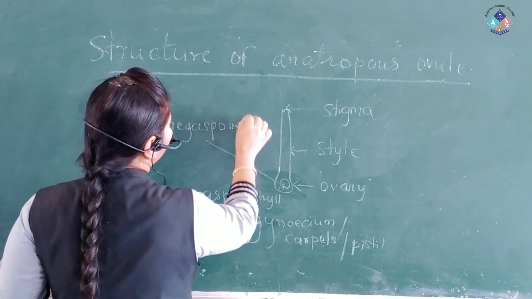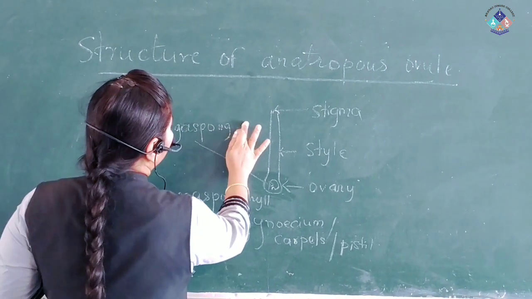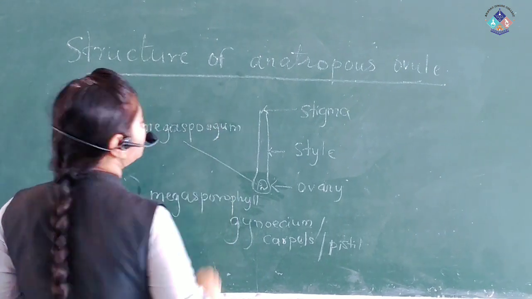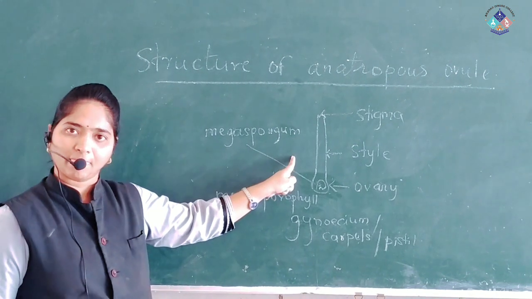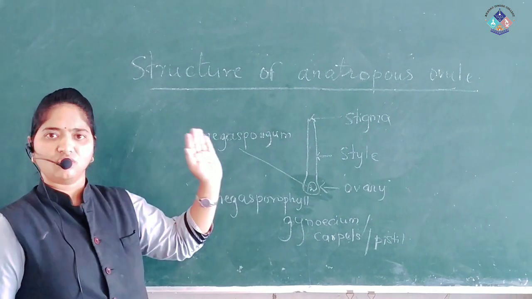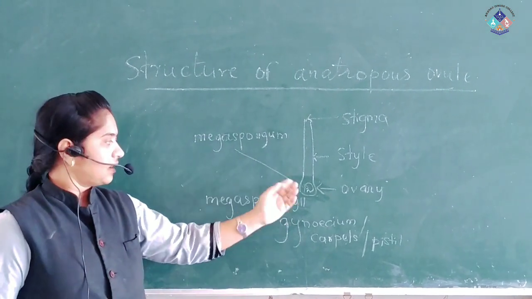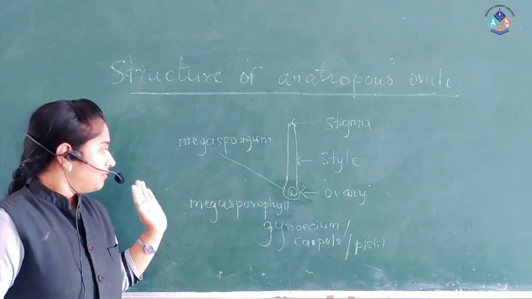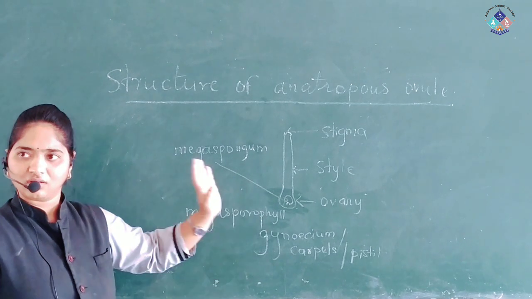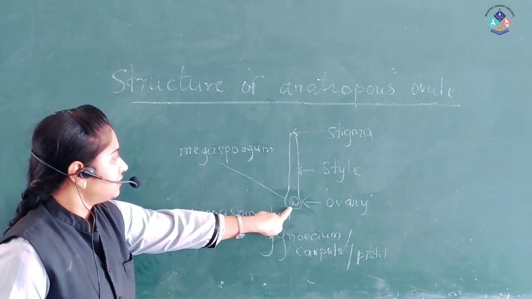If it is plural, it is called sporangia. If it is singular, it is called sporangium. Okay, ovule is megasporangium, and it's related to male. It is called microsporangium, and male part is called androecium. It is called microsporophyll. Understood? Okay. Now next one.